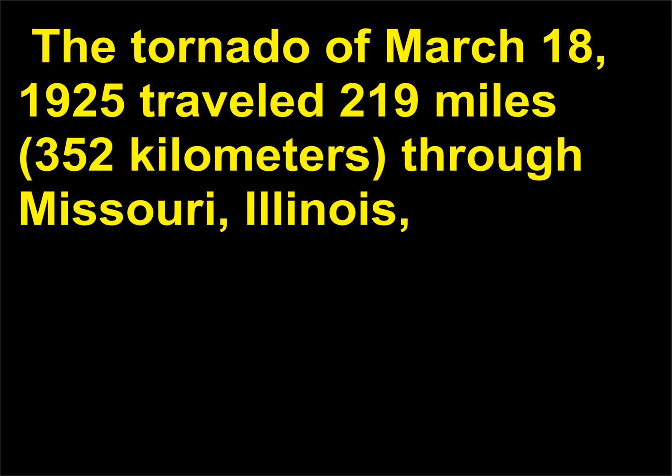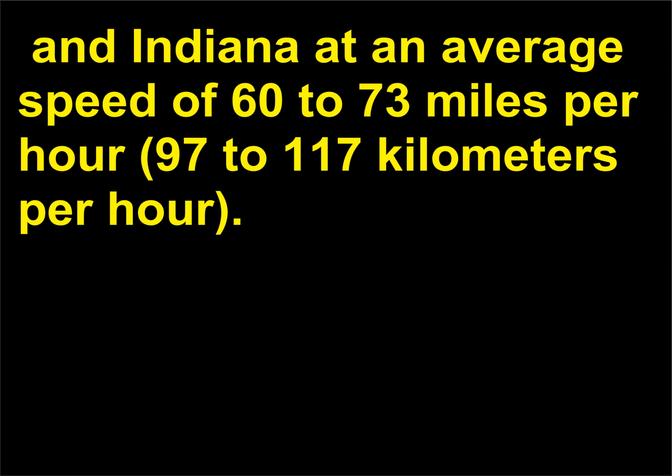The tornado of March 18, 1925 traveled 219 miles, 352 kilometers, through Missouri, Illinois, and Indiana at an average speed of 60 to 73 miles per hour, 97 to 117 kilometers per hour.